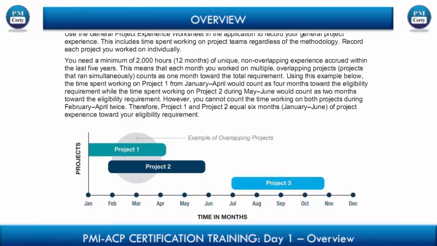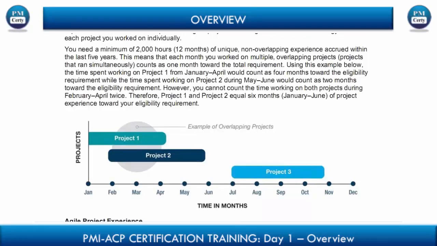It's possible you're working on several projects at the same time, and you can also give the details of those projects simultaneously. Obviously, however, you cannot show a 24-hour day. So if you're working on projects 1 and 2, the maximum you can probably show is 10 or 11 hours for that day. You can't show 24 hours, because that's not practical or possible.